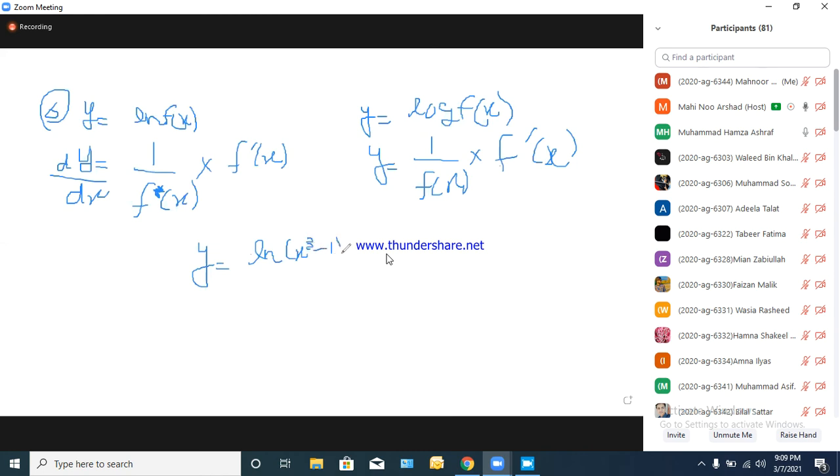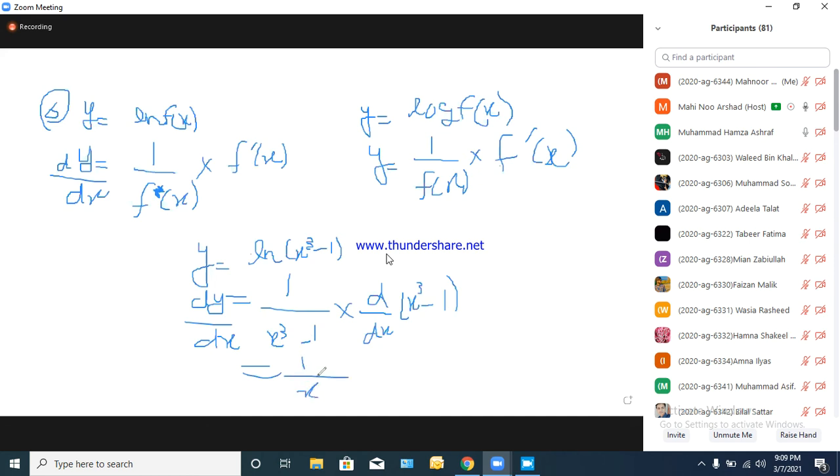So how will you take its derivative? 1 by x cube minus 1, and then derivative of x cube minus 1, which is 3x square, minus 0.